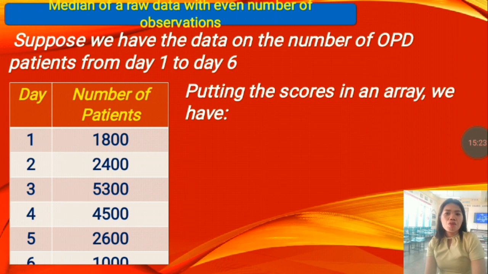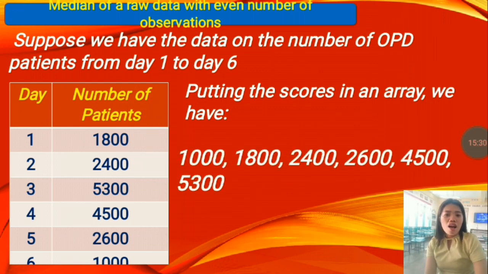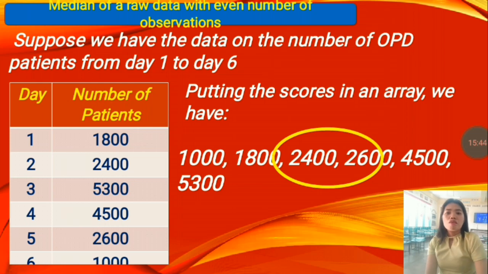Then putting the scores in an array, we are going to arrange it in ascending order. So we have 1,000 followed by 1,800, 2,400, 2,600, 4,500, and 5,300. So 1, 2, 3, 4, 5, 6. We have 6 observations all in all.